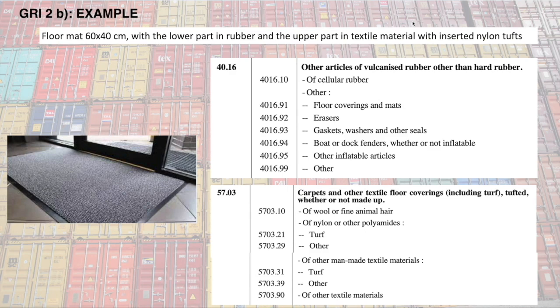For this product, we will find these two options: 4016, other articles of vulcanized rubber, as the lower part of our floor mat is made of this, and heading 5703, which indicates carpets and other textile floor coverings, tufted, whether or not made up, for the upper part of our mat. In this case, we also have two options, 4016 and 5703, and we must solve this by applying rule 3.